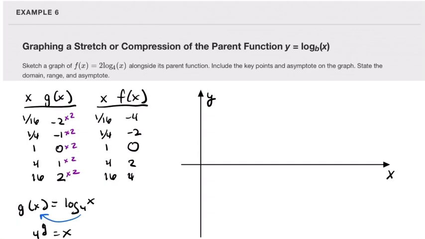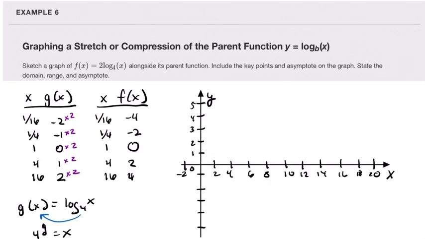We can go 2, 4, 6, 8, 10, 12, 14, 16, 18, 20. Okay, my y values 1, 2, 3, 4, 5. This is a -2. This just went 1, 2, 3, 4, 5.